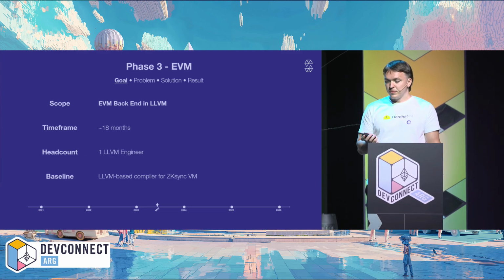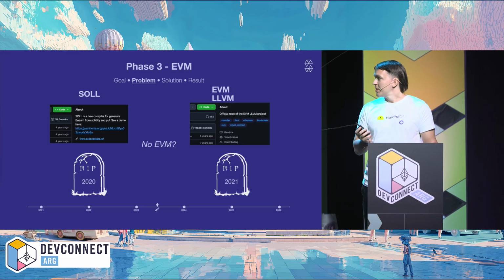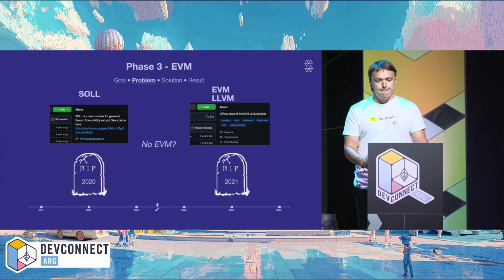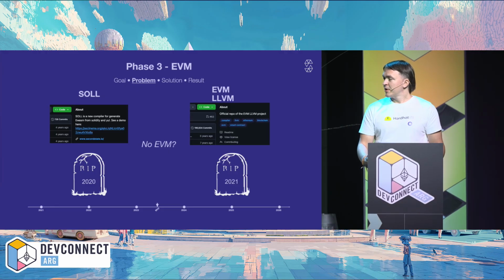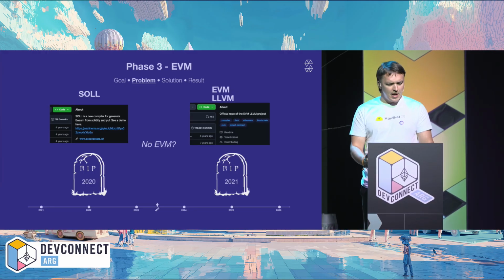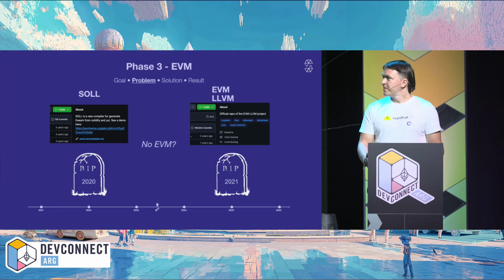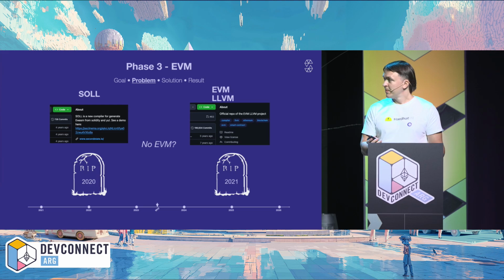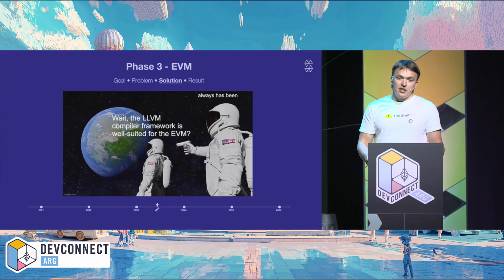And we knew that some people tried to do this before. A couple of other projects tried to deliver LLVM framework capabilities to Solidity, but they were abandoned for a couple of reasons. And after this, the dominating idea in the Ethereum community was that LLVM was not suitable for the EVM.